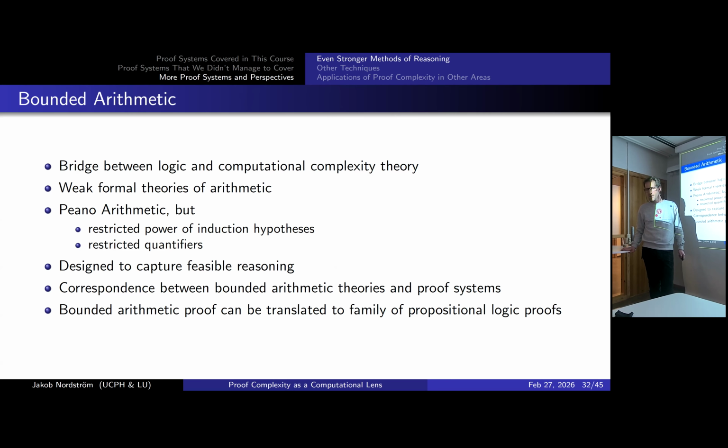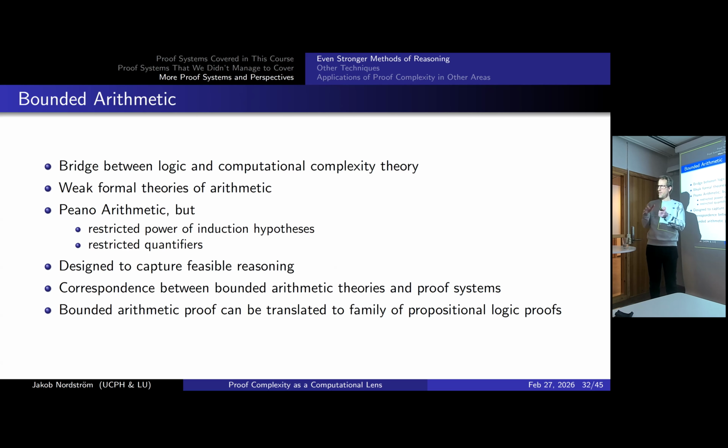In particular, I'm really not an expert on this, but you're allowed to do induction, but you're severely limited in the power of your inductive hypothesis. And exactly how you limit your power, you get different types of theories in bounded arithmetic.